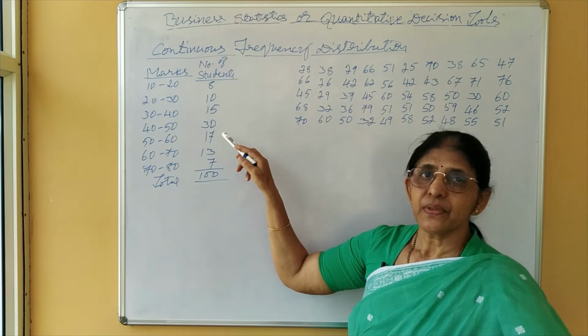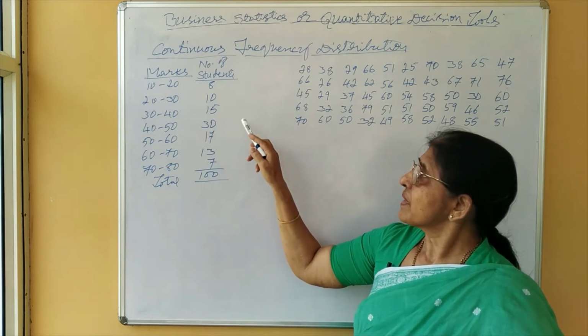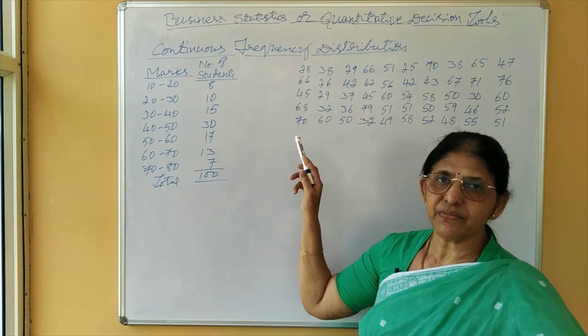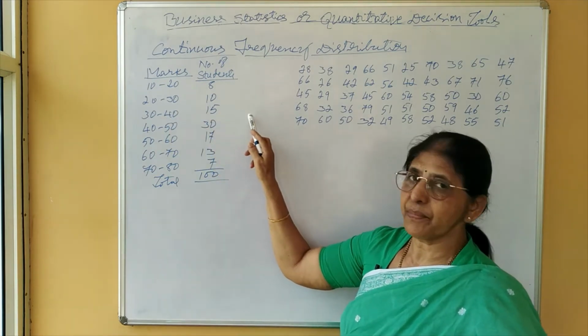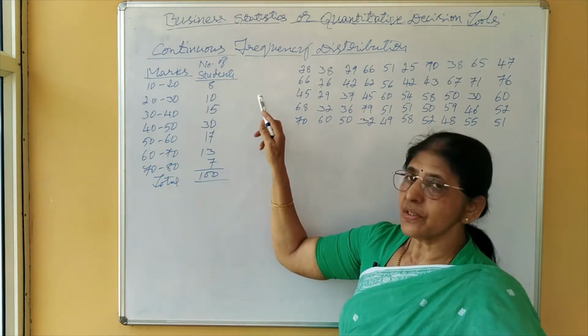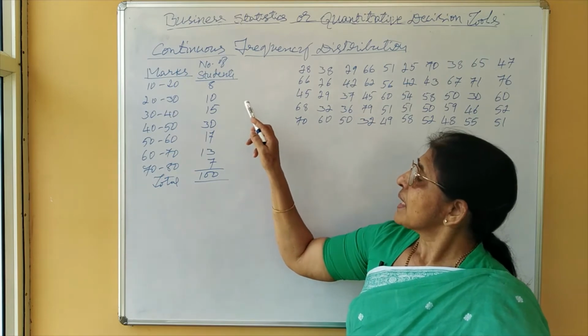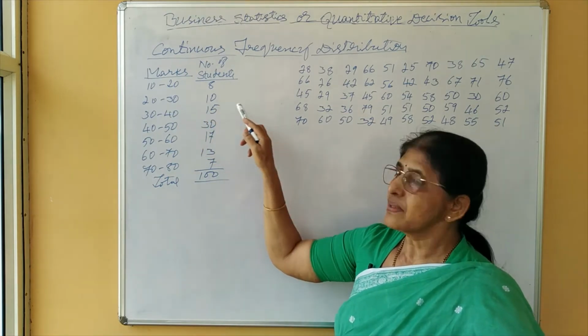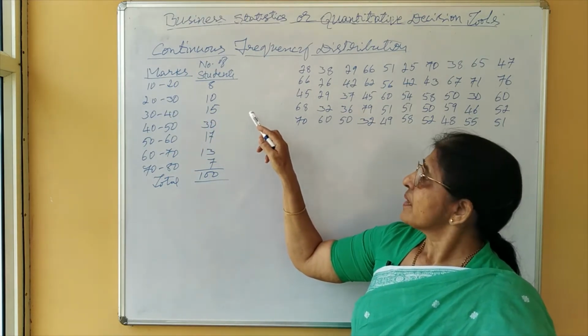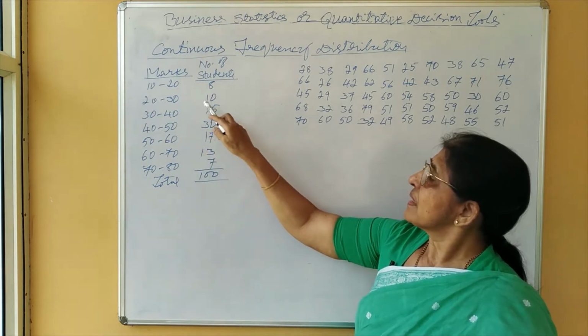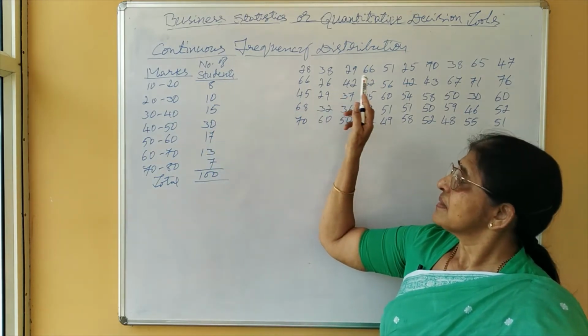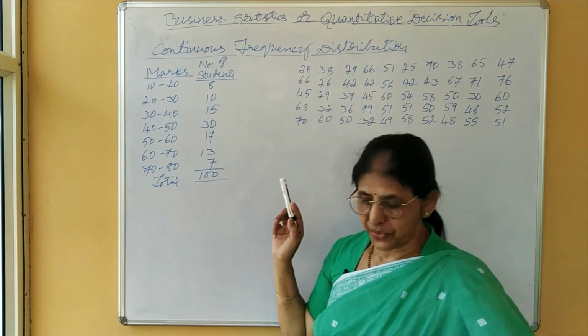Under that, one of the types of classification is quantitative classification. Under that, we have taken this example: how the students can be classified on the basis of marks scored by them. Now, this is continuous frequency distribution.